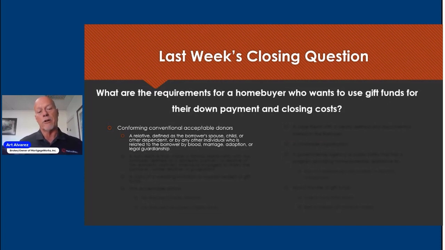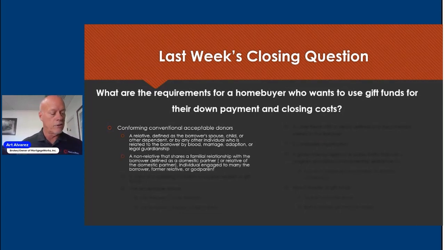Now, you can also have a gift donor who is a non-relative, and that includes a non-relative that shares a familial relationship with the borrower, defined as a domestic partner or a relative of the domestic partner, an individual engaged to marry the borrower, a former relative, or a godparent.